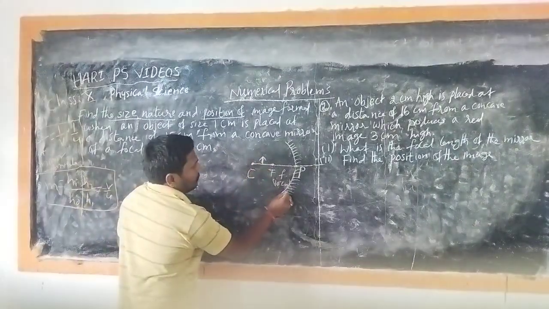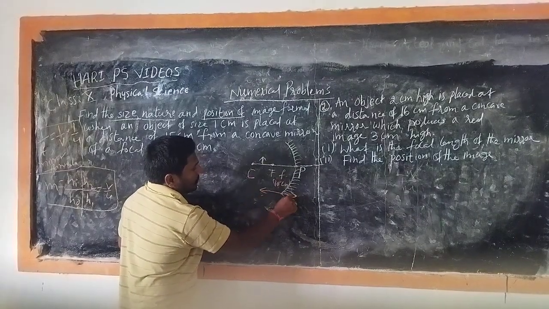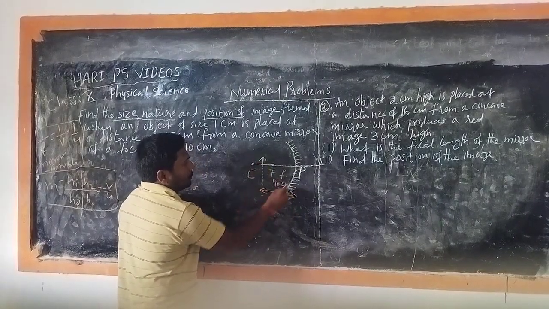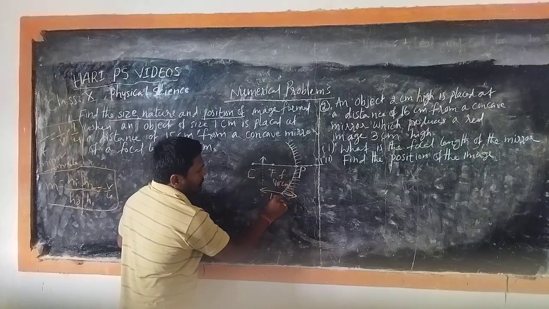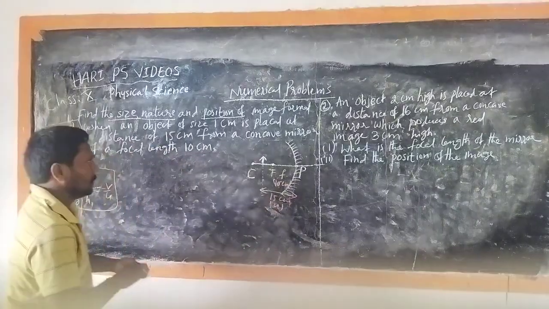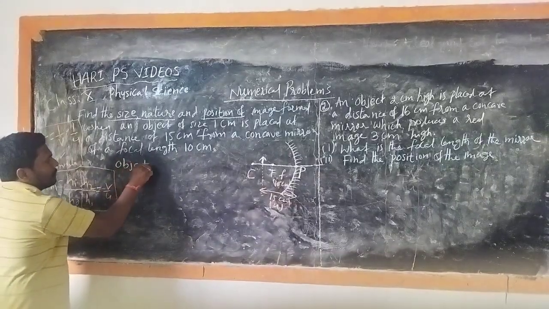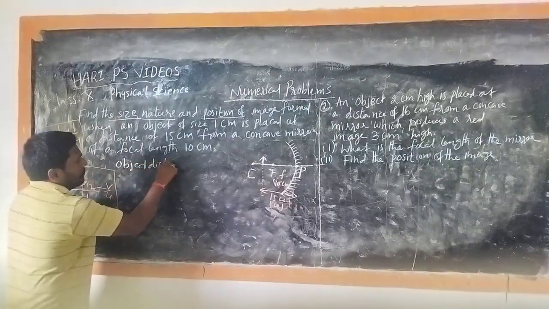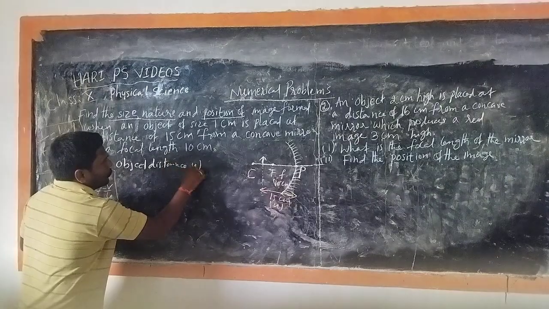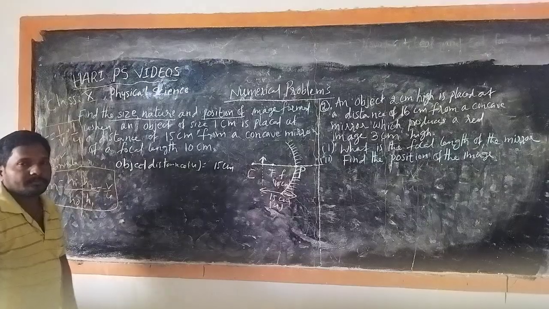From the pole to the position of the object is 15 centimeter. That is the object distance. So the object distance u is equal to 15 centimeter.